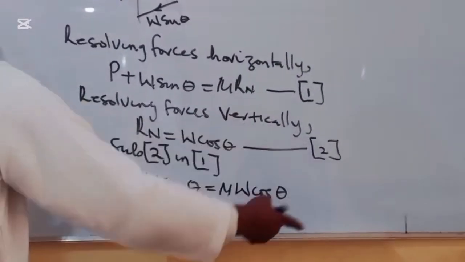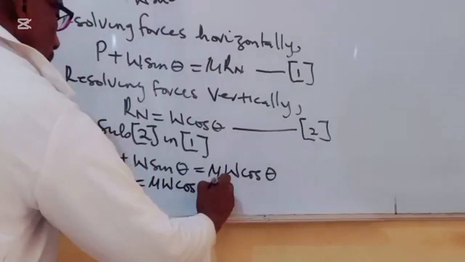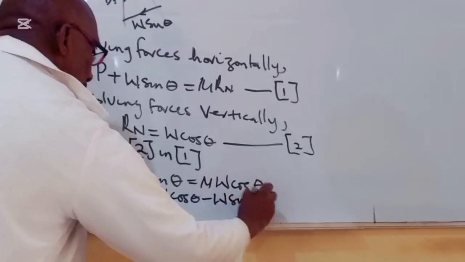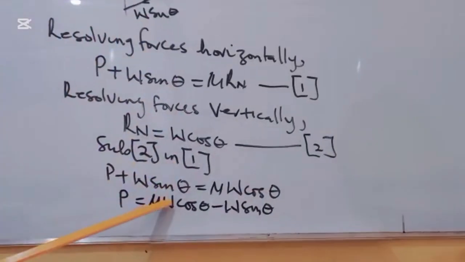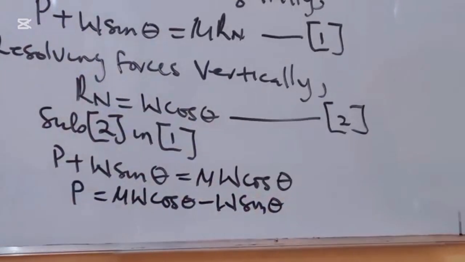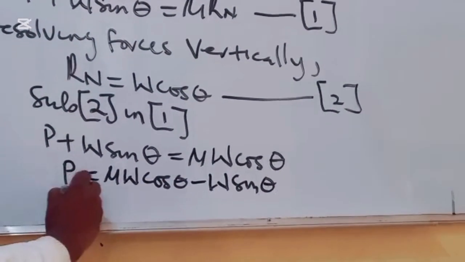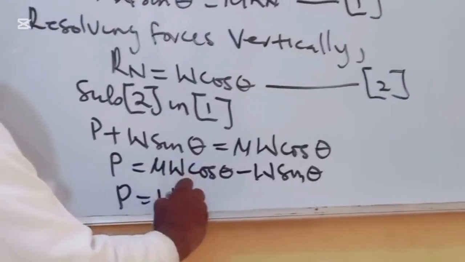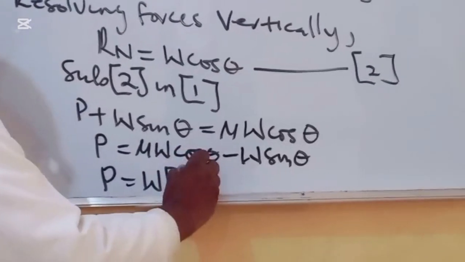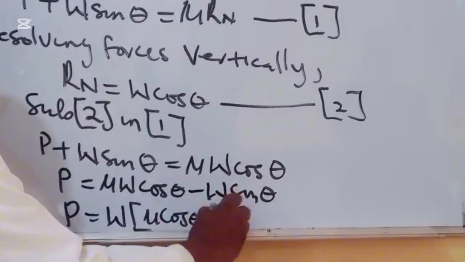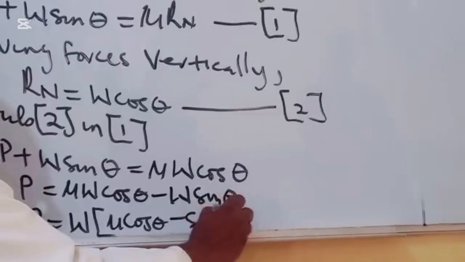So when it goes to the other side, it becomes minus W sin theta. Are we there? So we have W common here and W common here. So we can factorize. That gives us P equals W, open bracket, mu cos theta minus sin theta.